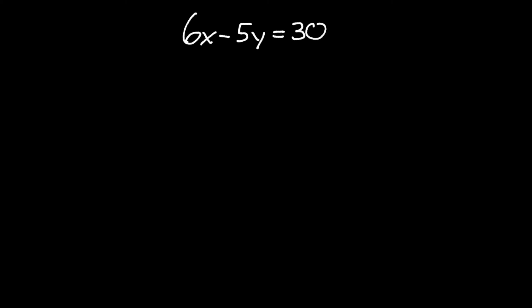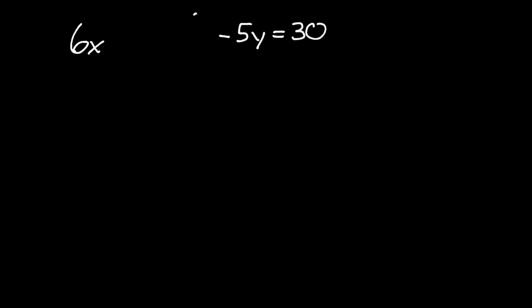So I'm going to use my cover-up method to get my x and my y intercepts, and from there I'll be able to use my slope formula. So let's pretend that this 6x is not here. I'm going to move it away for the time being.